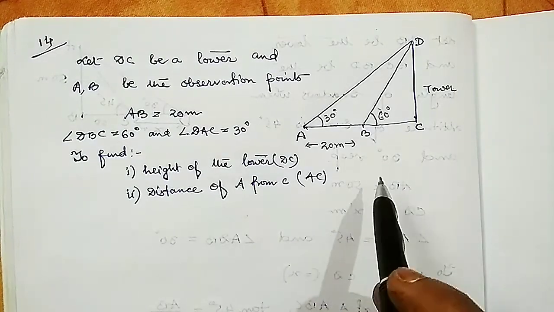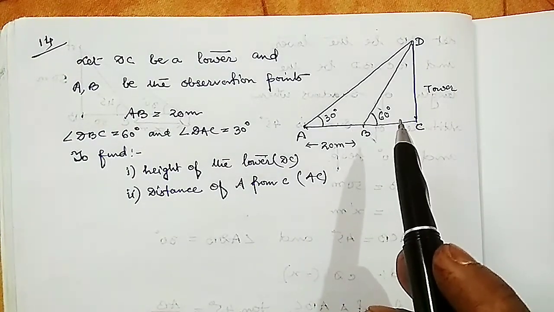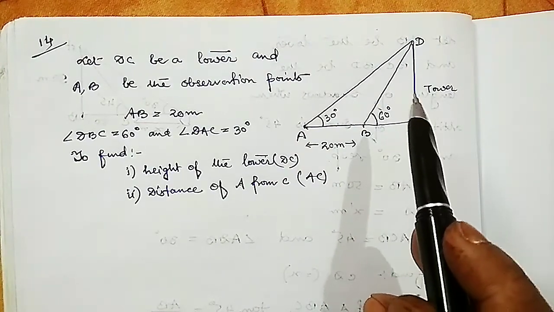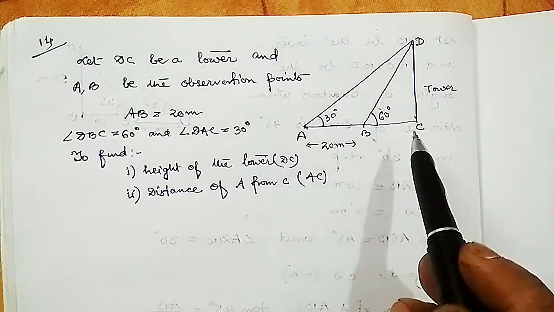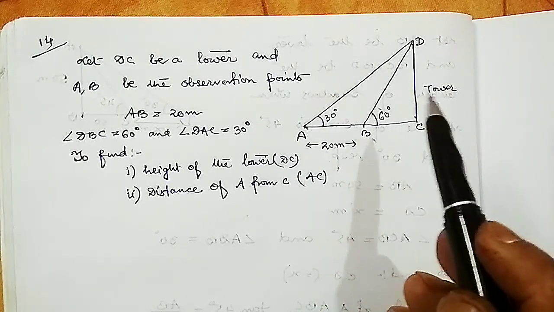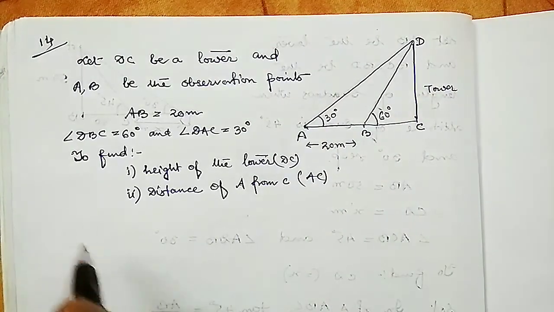Now I told you in the previous sums also, whenever this type of sums are there, always start from the smaller triangle and try to find the common part. In the smaller triangle and in the bigger triangle, common part is DC. So from the smaller part we can calculate DC and we can replace it in the bigger triangle. Let me show how to do.